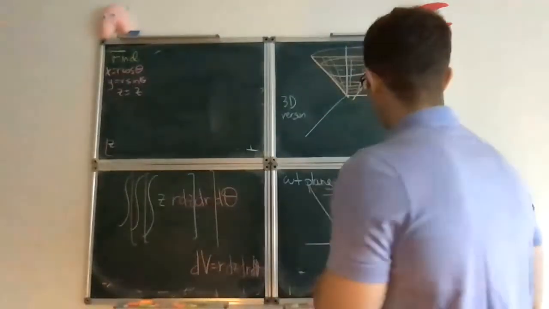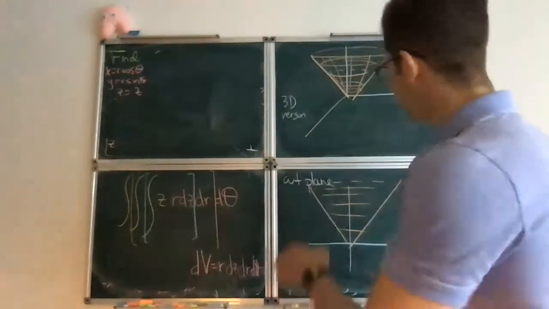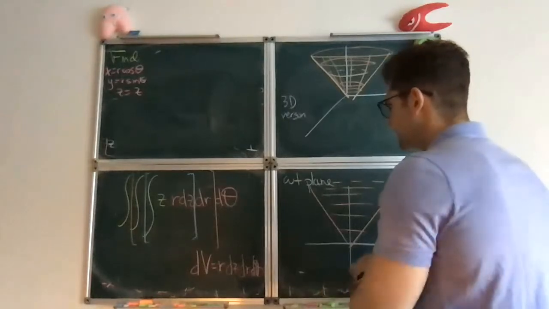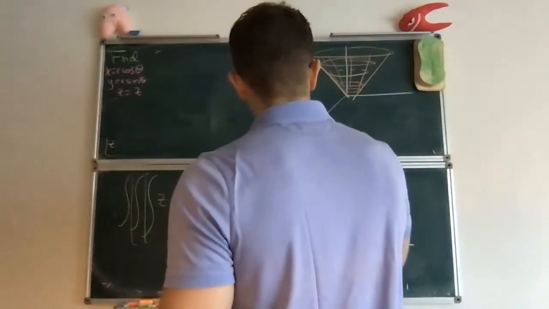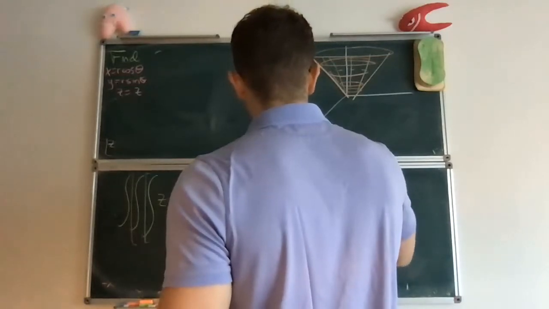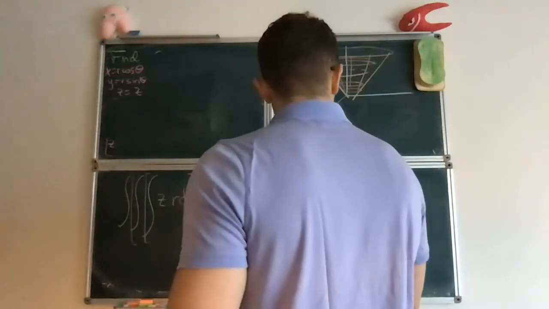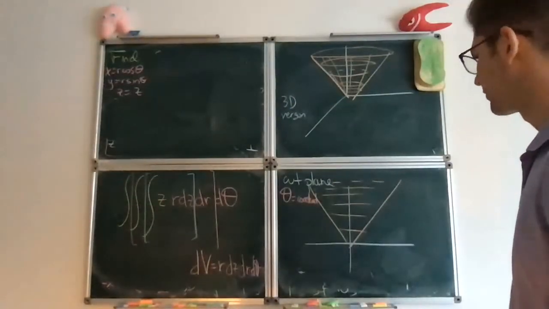So imagine that you take r and theta to be constant. Well, basically, any of these planes are obtained by setting theta equal to a constant. So here, these planes are obtained by setting theta to a constant. Okay, and so we already took care of that.